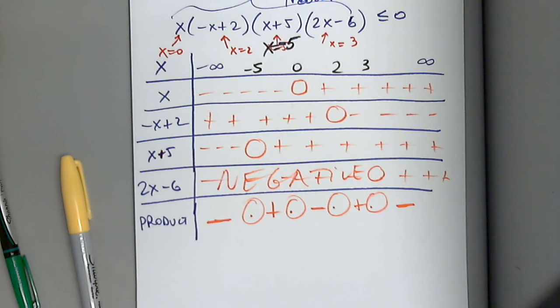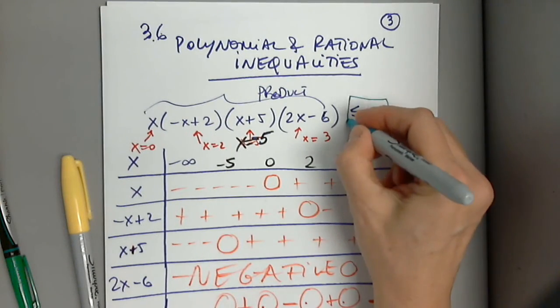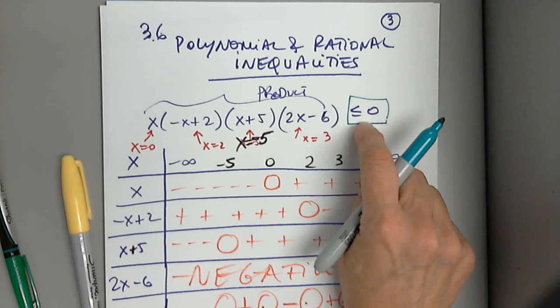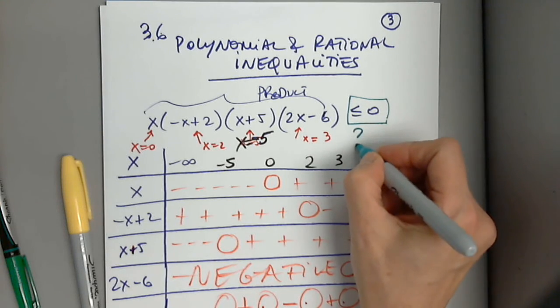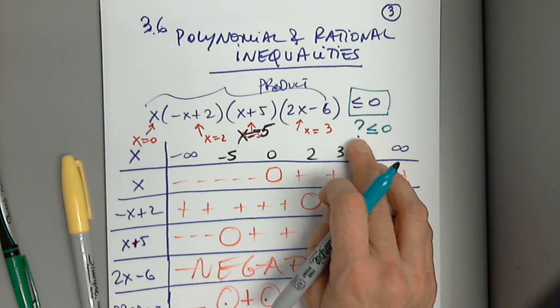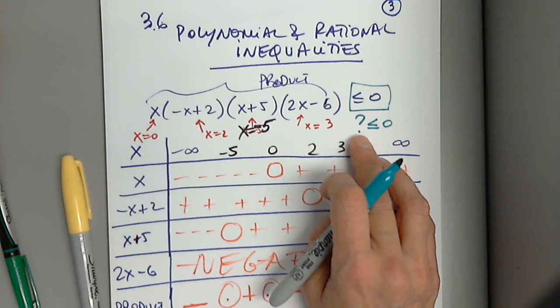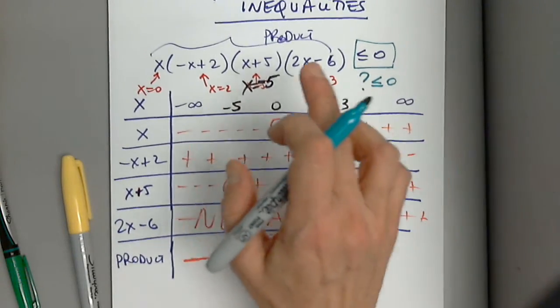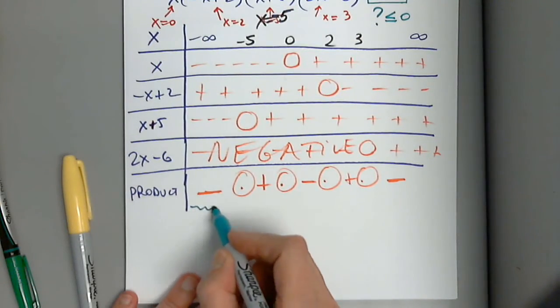So now I have to choose. I choose based on this. This symbol tells me what to choose. What sign is less than or equal to a number? If you say positive, then we have to choose positive. If you say negative, which I hope, then we have to choose negative. Negative. So is this product ever negative?